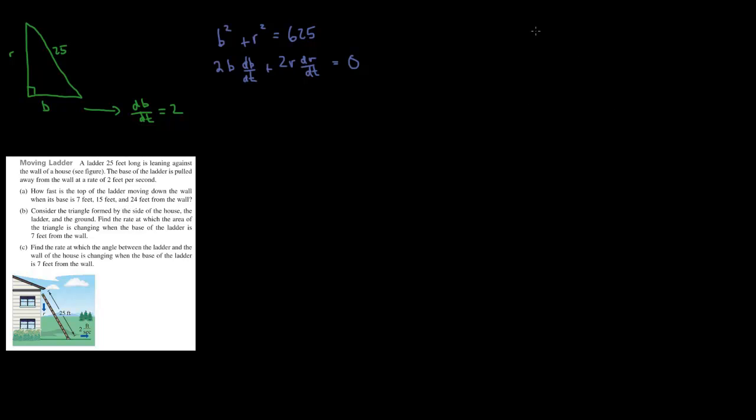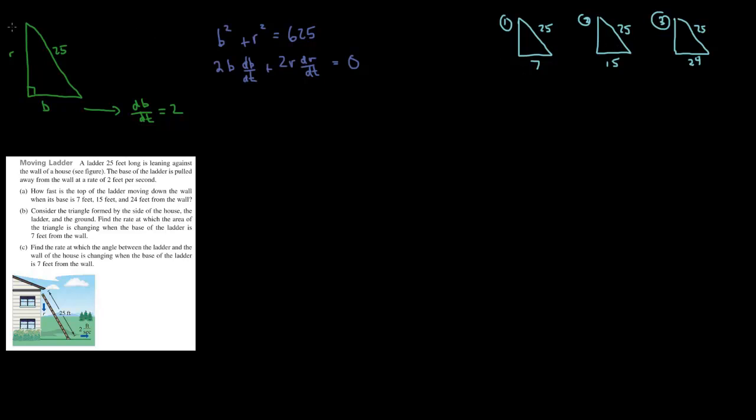The case where the base is 7, the case where the base is 15 feet away from the wall, and the situation where the base is 24 feet away from the wall. We'll call them case 1, case 2, and case 3, and we'll have to consider each of those cases individually.